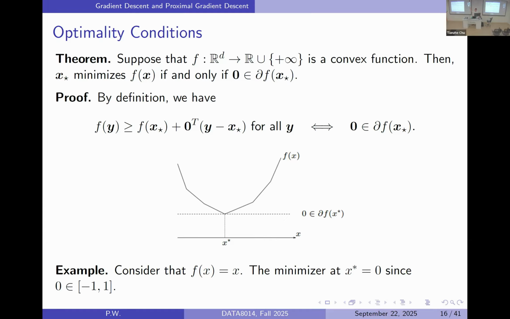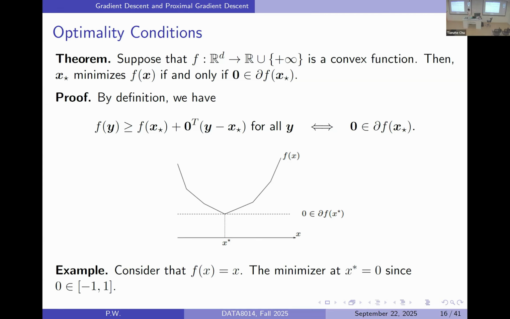We use positive infinity to handle constraints through the indicator function. Then we say x star is a global minimum of f if and only if zero belongs to its subdifferential. Note that this is a necessary and sufficient condition.